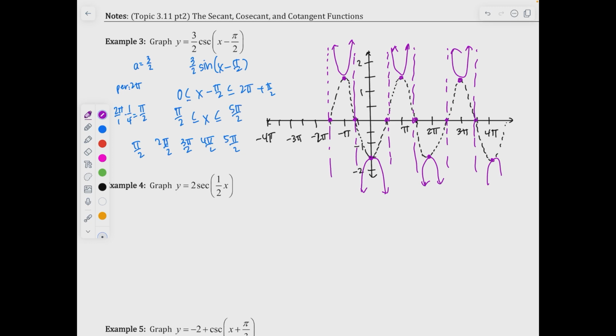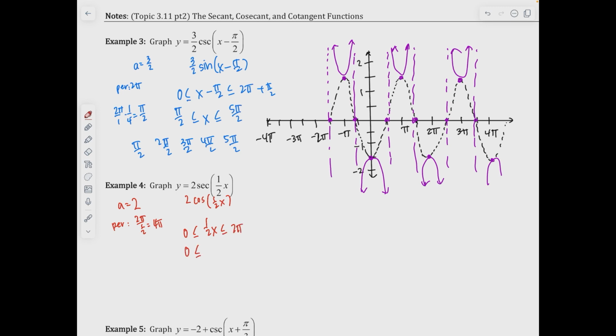Next step, for example, number 4. Okay, same thought. I am going to be dealing with secant. So secant is the reciprocal function of cosine. So my A value is 2. My period length is going to be 2 pi over 1/2, which is equal to 4 pi. Okay, so 0 less than or equal to 1/2 x less than or equal to 2 pi because it's cosine.